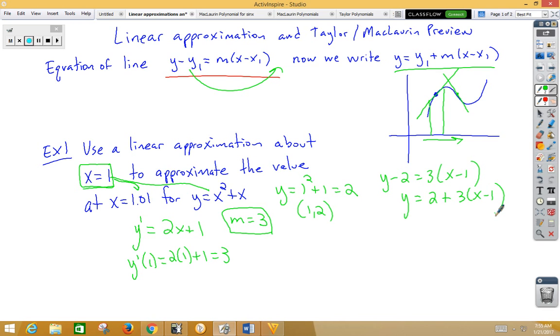We're going to use that to approximate 1.01. Now, obviously, if we wanted the exact value, it would be fairly easy to plug 1.01 in and get an exact answer. But we use approximations when the functions become more difficult. This is simply a basic example to get us started. So let's plug in: y equals 2 plus 3 times 1.01 minus 1. So y is equal to 2 plus 3 times 0.01.